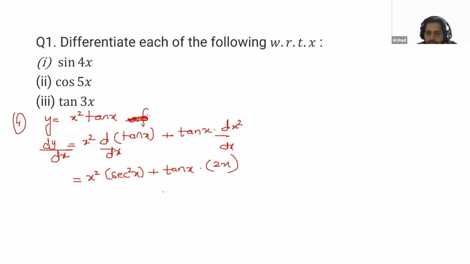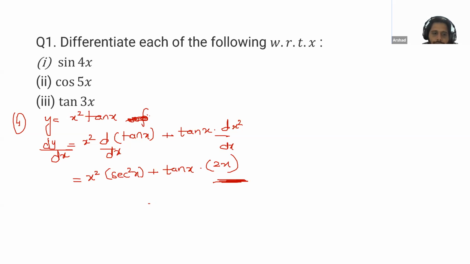So this is the answer. What you're getting for 2x tan x plus x square? Yes, Fahad, this is correct now. And Rifat, you have missed 2x here. So I hope the product rule is clear to you.